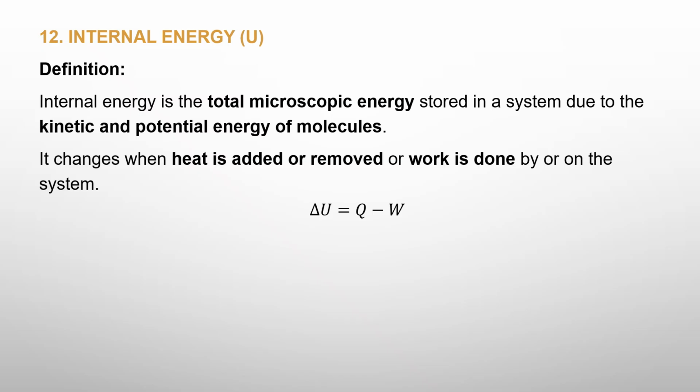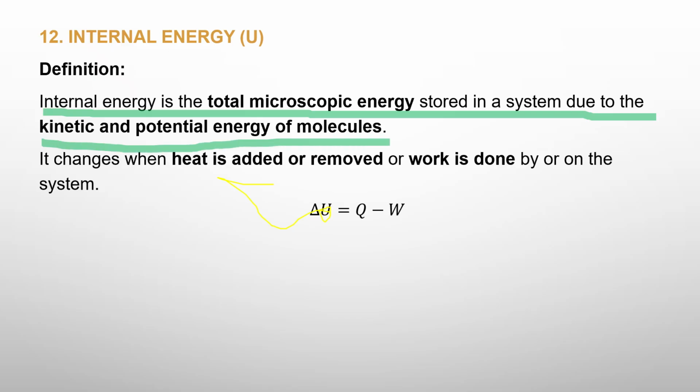Next is the internal energy. This internal energy is a function of temperature and it is denoted by U, delta U. So what is this internal energy U? Internal energy is the total microscopic energy stored in the system due to the kinetic and potential energy of molecules.